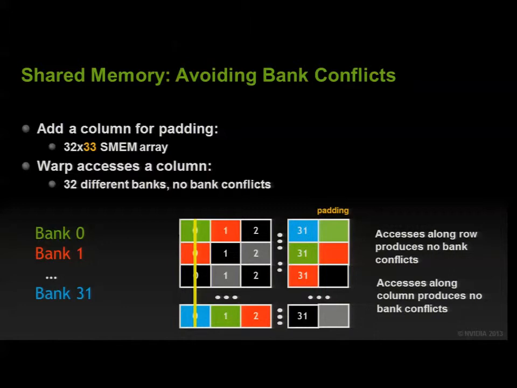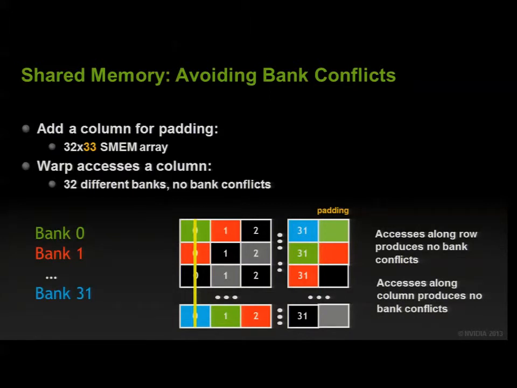Yeah, I mean that's the key. That's one of the key optimizations there. Again, you basically reduce the cost of writing or reading by a factor of 32. So the cost of that is you're using more shared memory, this extra column of shared memory.